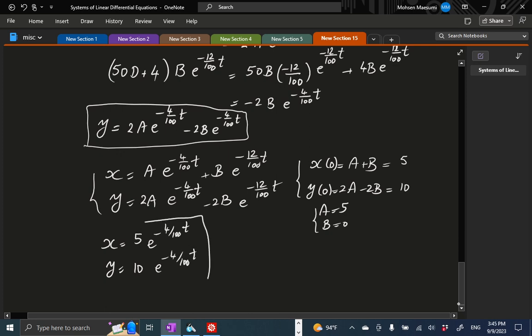So in this case, our final solution became extremely simple. Well, it doesn't have to be. It can have two components in it. In all cases, x and y have to be positive at the very end, so it's not completely arbitrary either.